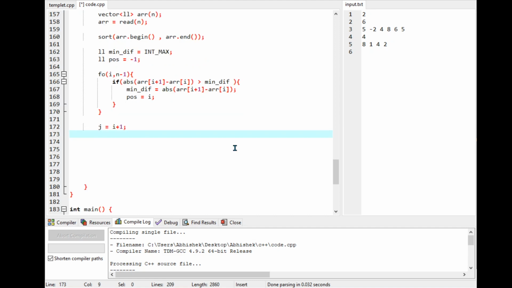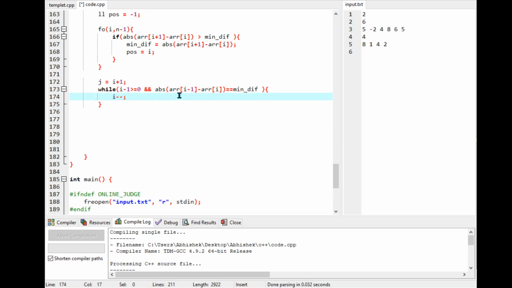And how would that be done? So i is here, j is here. Let's first go to the left side while i minus 1 is greater than or equal to 0 and, again taking absolute, array of i minus 1 minus array of i is equal to min difference, we would keep on going to the left.